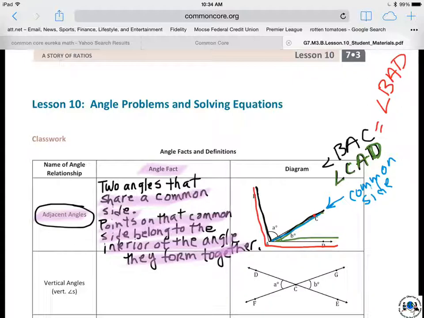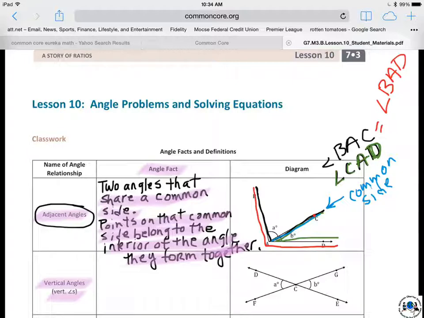Here is another type of angle relationship, and these are vertical angles, which could also be abbreviated like this. You can see these vertical angles just by looking at them. You might be able to get a definition of what their definition is.